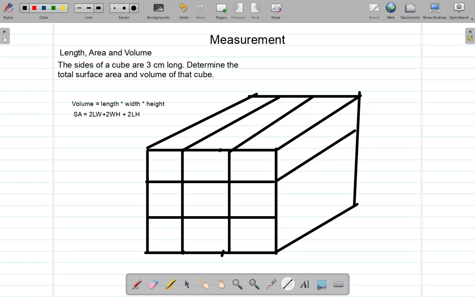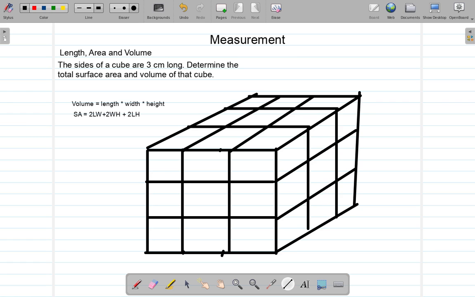Let's draw lines to divide it up. Now this length here, we divide it into 3 equal parts to make each part a centimeter. And we do the same here, for this and for this.